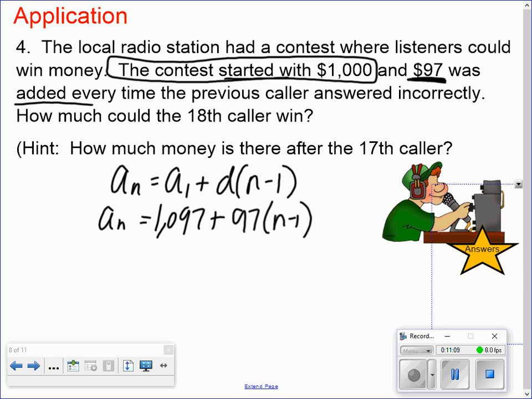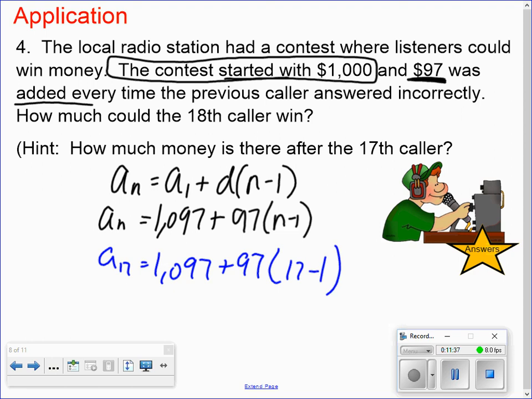The tricky thing here is that because it's added after the previous caller answered, we don't want to plug in 18, because 18 would give us the amount after the 18th caller called in. So we actually need to go back to the 17th caller. So here we would plug in 17. So we have a of 17 equals 1,097 plus 97 times 17 minus 1, which would then change to 16.